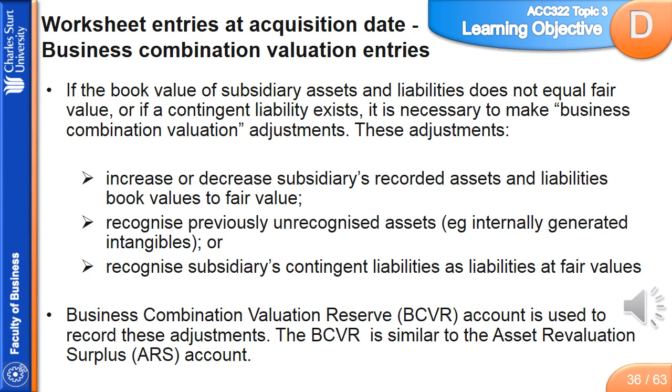So it is possible for some of these adjustments to be made directly in the books of the subsidiary, as I mentioned earlier. For example, instead of remeasuring the land, or property, plant and equipment in general, on consolidation, you just perform the fair value adjustment within the subsidiary's accounts prior to preparing the consolidated accounts.